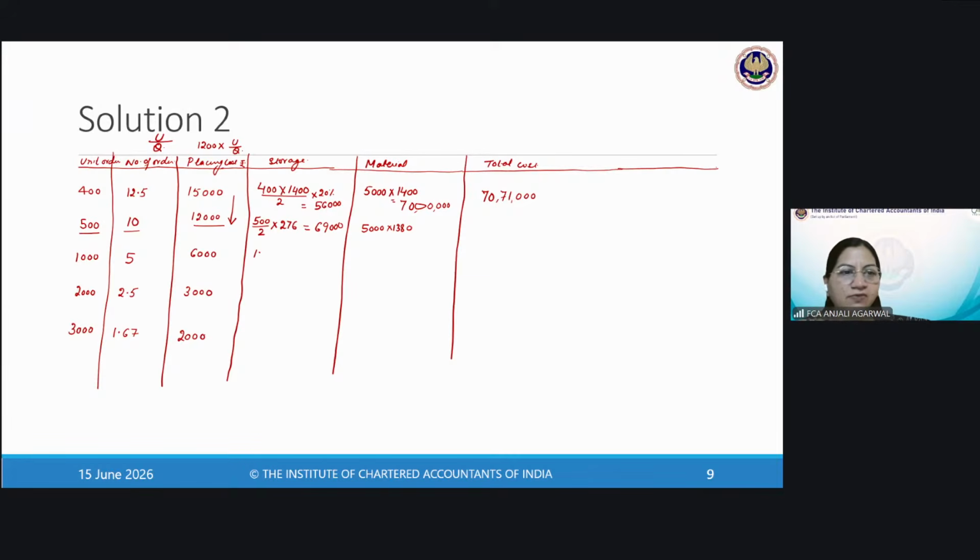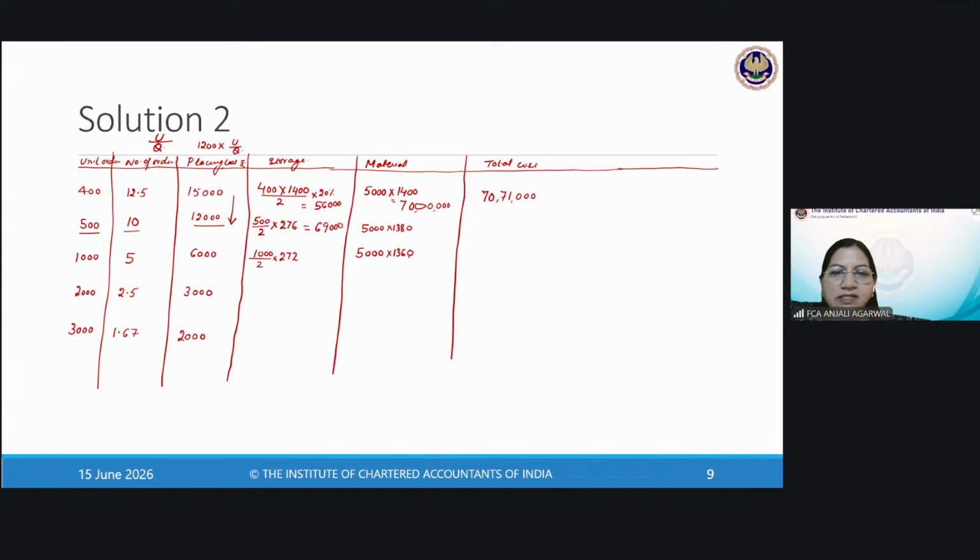Here, 1000 divided by 2, on an average 500 units held, and 272 will be the storage cost per unit per annum. But you will place 5 orders. So ultimately, you're going to purchase 5,000 units, and these 5,000 units will now be available at 1360.